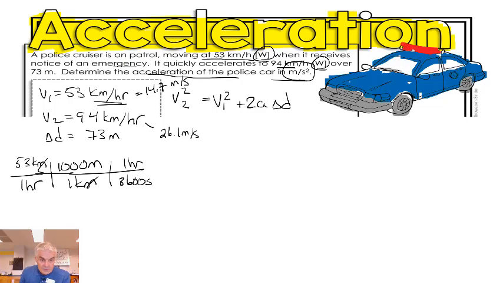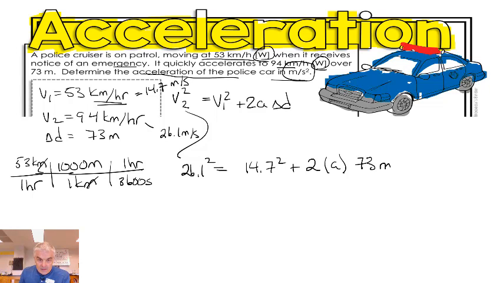So V2 is 26.1, plug this in right here, right? 26.1 squared is equal to V1 squared, which is 14.7 squared, plus 2 times A, and the change in distance was 73 meters.